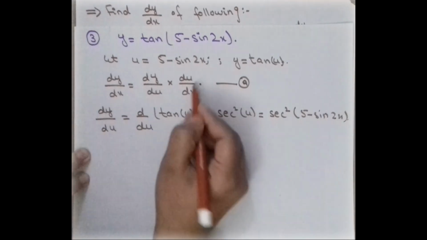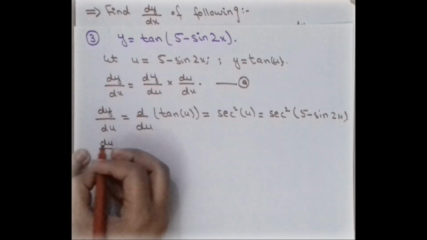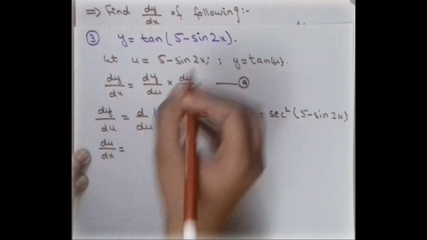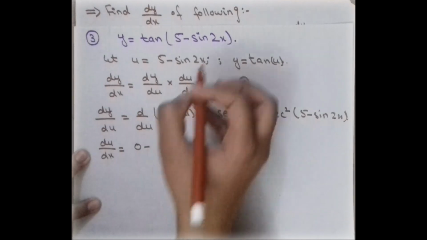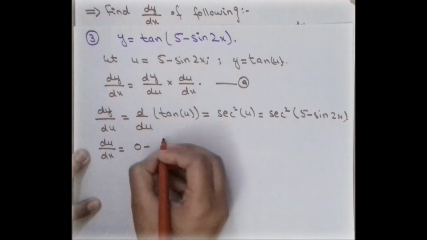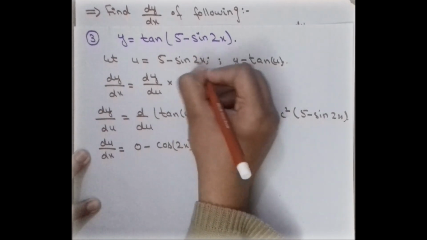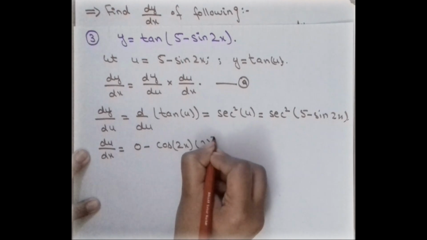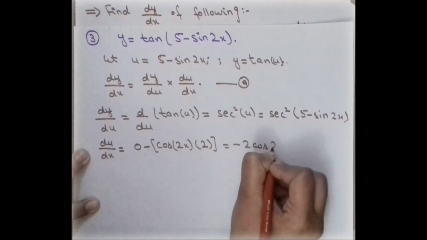To compute du over dx, taking the derivative on both sides with respect to x, we are left with the derivative of the constant term, which is 0, minus the derivative of this factor. The derivative of sine is cos 2x and the inner term derivative is 2. So we are left with minus 2 cos 2x.